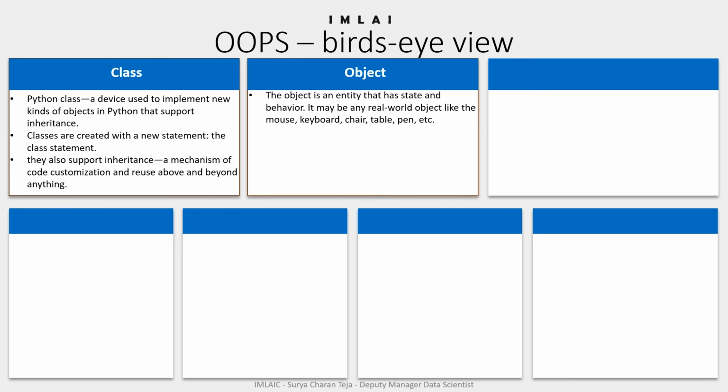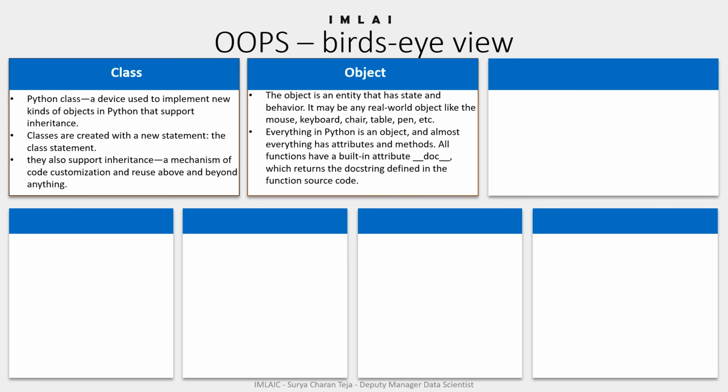Human is a class, and Charan, Krishna. Krishna was human 5,000 years before, and he lived in Dwarka. So obviously he is an object. He is not a class.